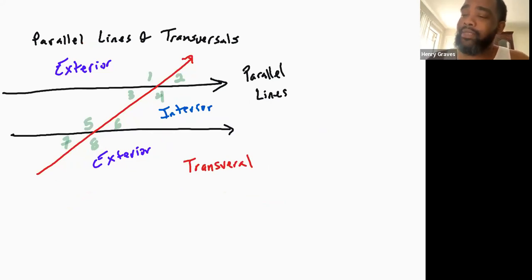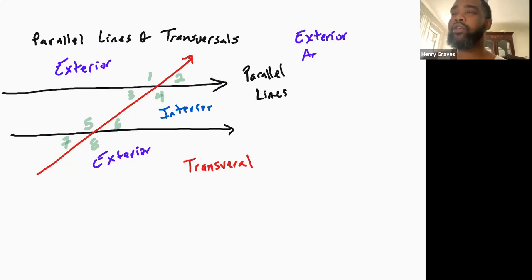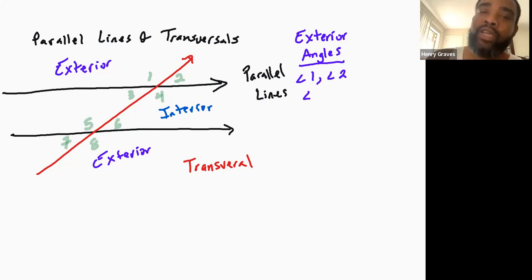So exterior angles are the angles above and below the two black parallel lines, right? So that means our exterior angles are going to be angle 1, angle 2, angle 7, and angle 8. Those are the angles on the exterior side of things.